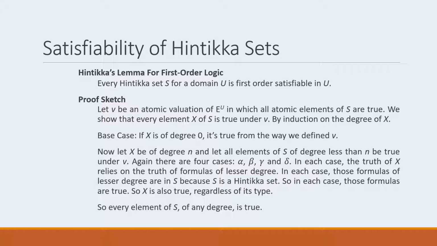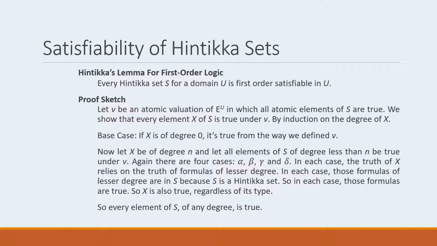So in the alpha case, alpha is true if and only if alpha 1 and alpha 2 are both true. Because S is a Hintikka set, alpha 1 and alpha 2 are in S. Alpha 1 and alpha 2 are each of degree less than alpha, because alpha is of degree of alpha 1 plus the degree of alpha 2 plus 1.